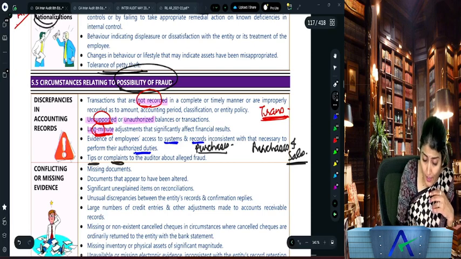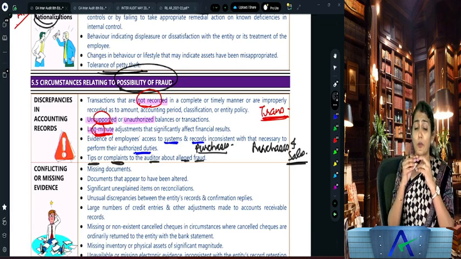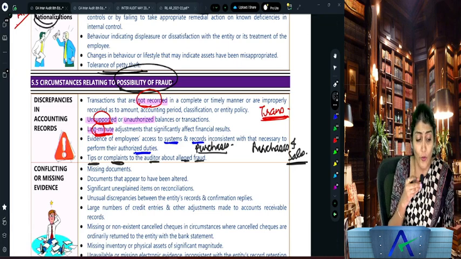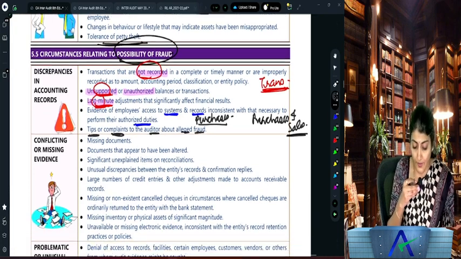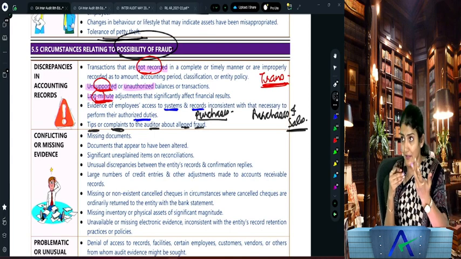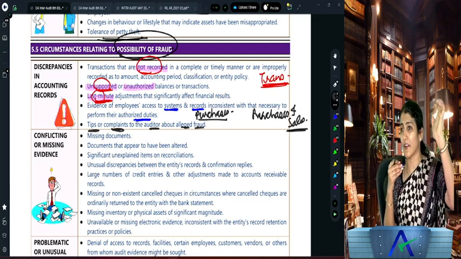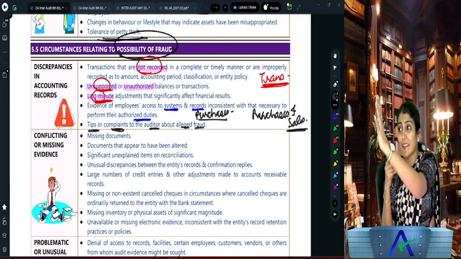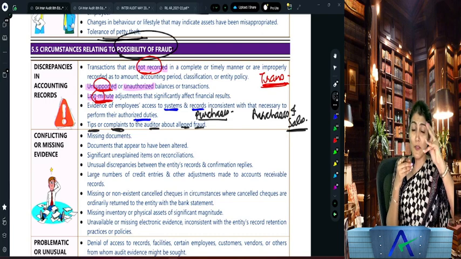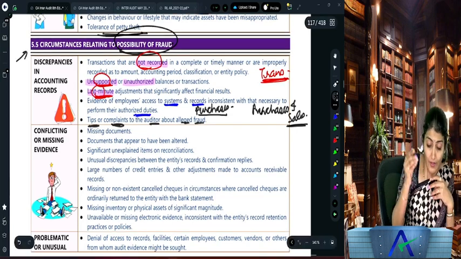And last one, what does it say? The tips or the complaints to the auditor about the alleged fraud, right? So they've come and told the auditor what types of fraud have happened in the company. So the management themselves have come and told the auditor, okay auditor, we think something has gone wrong in the inventory of the company, or we think this type of fraud has happened. So obviously, because of that, the auditor may think that there is a fraud, right? So what is this?